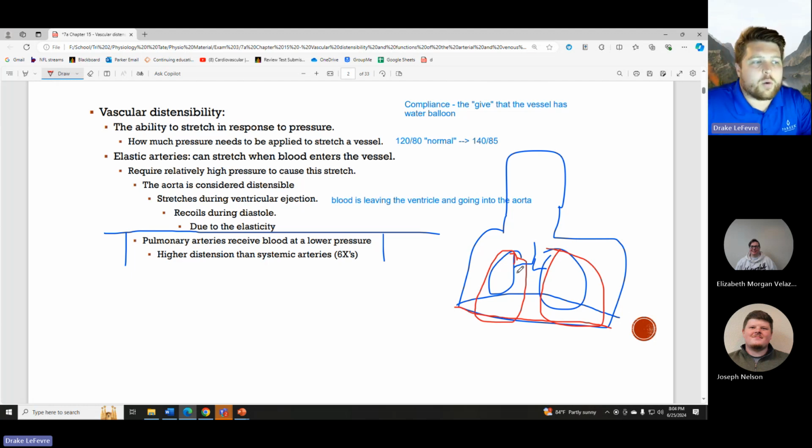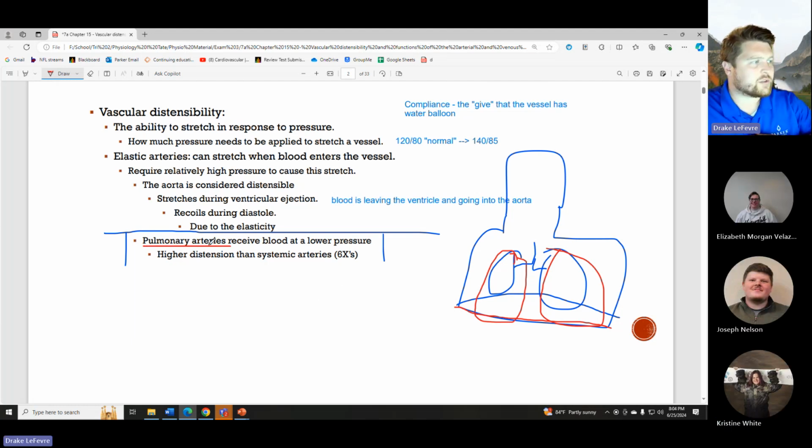We need a much lower pressure in our pulmonary arteries, because if that pressure was too much, the blood would just go straight into the lungs and leave the arteries. It would be a whole big old mess. We'll talk more about that later on. So that's why this says higher distension than systemic arteries.